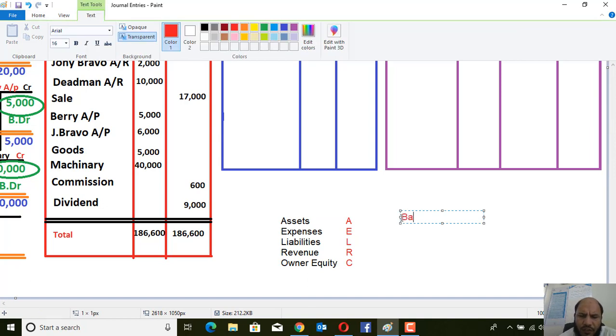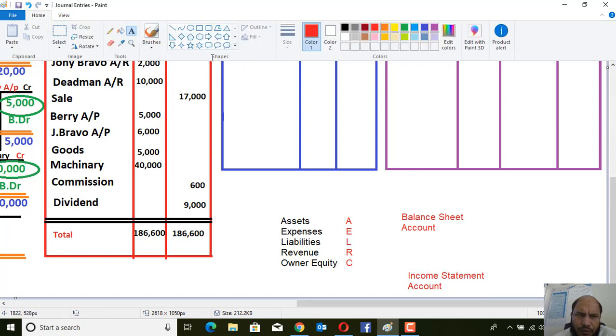Some of these accounts are the balance sheet accounts, and some of them are the income statement accounts. So dear students, let me tell you about the balance sheet accounts. Asset is a balance sheet account, liabilities is a balance sheet account, and capital of owner is a balance sheet account.